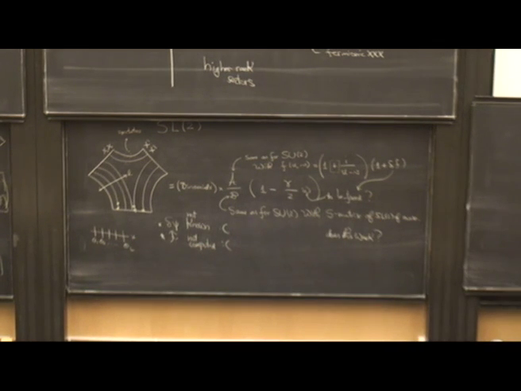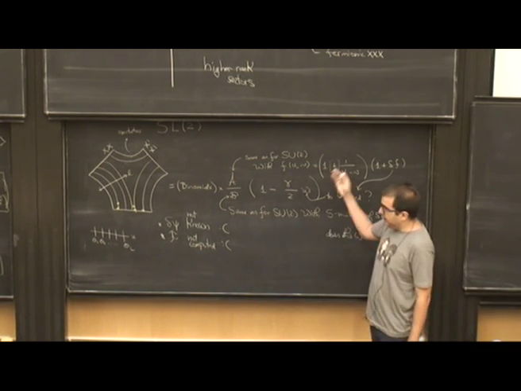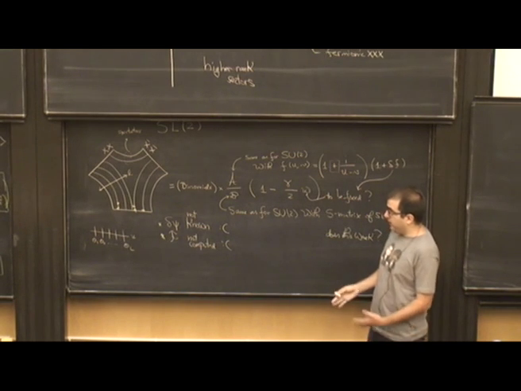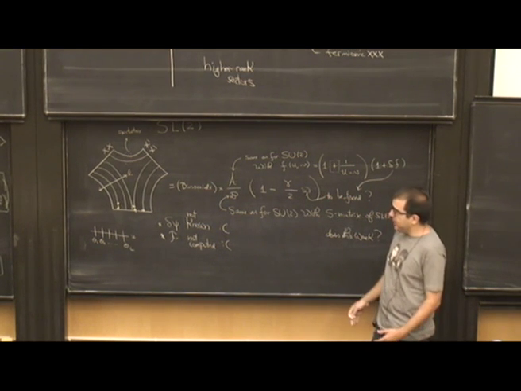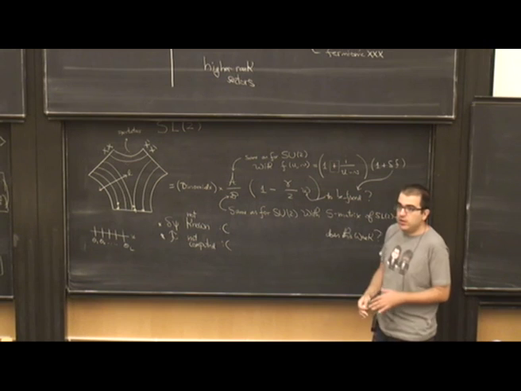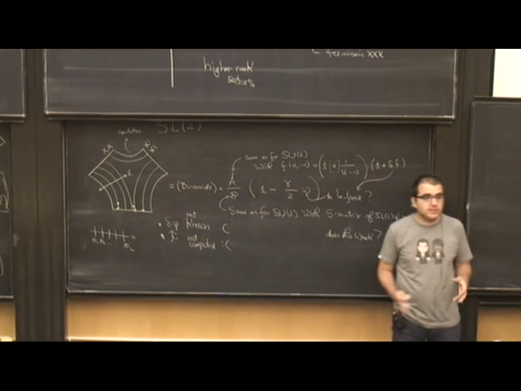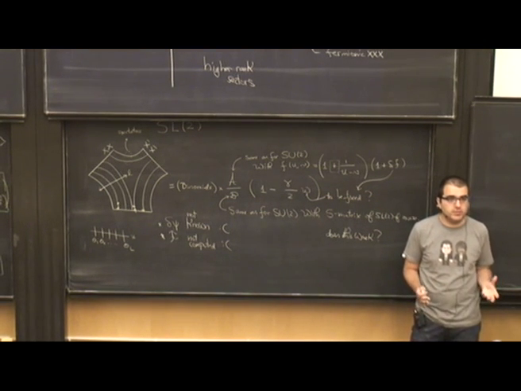So, what is the hope? What is the hope in this program? The hope is that maybe we are already kind of close to the all loop result, to the structure of how the result looks like at all loops.